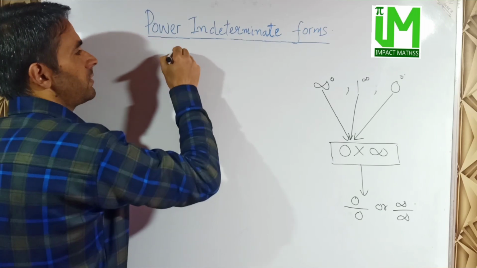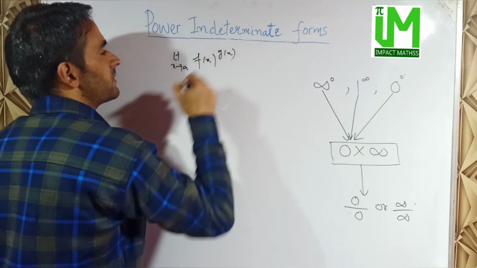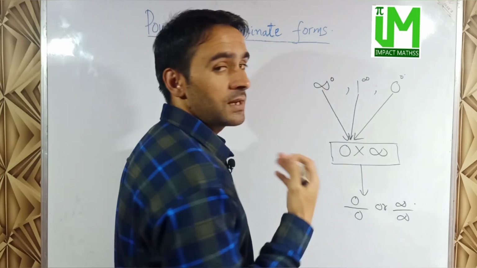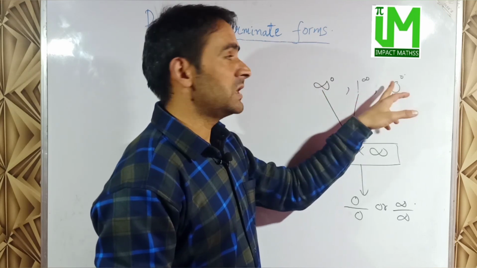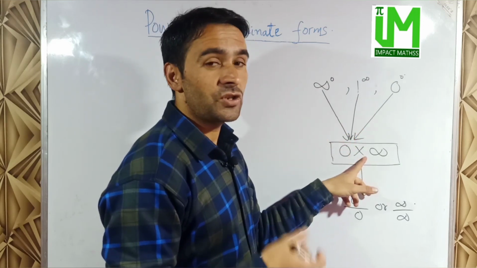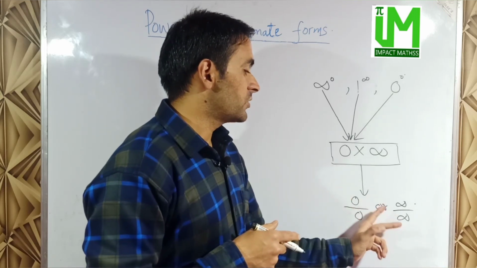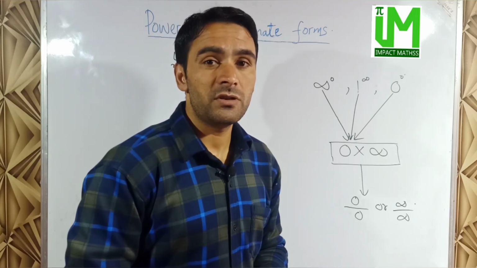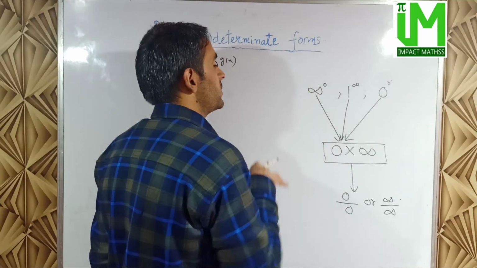If we are computing limit x approaches to a f(x) raised to power g(x) such that it is a power indeterminate form of the type infinity to the power 0, 1 raised power infinity या 0 raised power 0, then तीनों ही फॉर्म्स को हम पहले 0 into infinity टाइप में कन्वर्ट करते हैं and then from there we convert this in the form of 0 by 0 और infinity by infinity whichever is convenient, एंड देन वहाँ से फिर लॉपिटल रूल अप्लाई करके लिमिटिंग वैल्यू निकालते हैं. यहाँ से यहाँ लाने के लिए we have two different procedures.